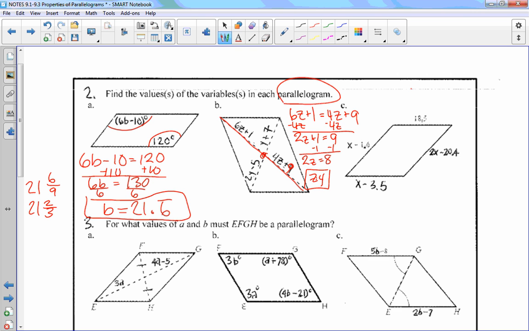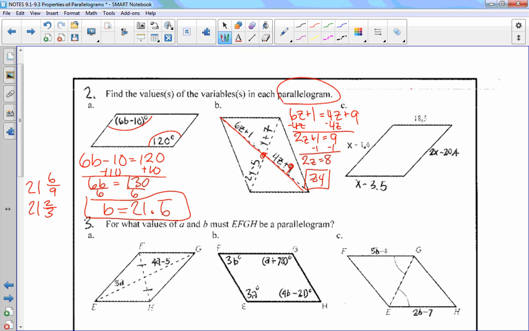Okay, and part C is a different one. What do we know about the sides? We have two things about sides. Opposite sides are parallel, and opposite sides are also congruent. How would we find the value of x in part C? Which ones are equal to each other?